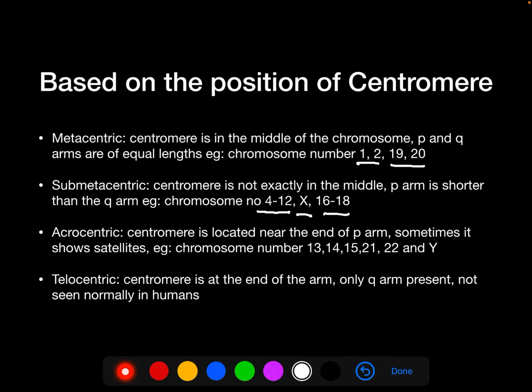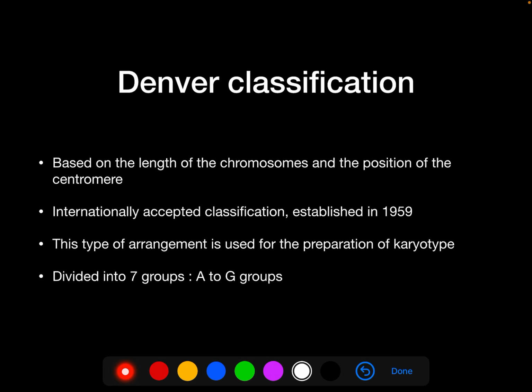Most of the chromosomes are submetacentric. In the acrocentric chromosome, the P arm is very short, and examples are 13 to 15, 21, 22 and the Y chromosome. There is one more type, telocentric. In this, the centromere is located at the end of the arm, so there is no P arm, only a Q arm. This is not usually seen in human beings.